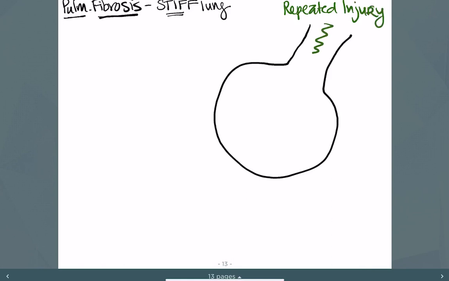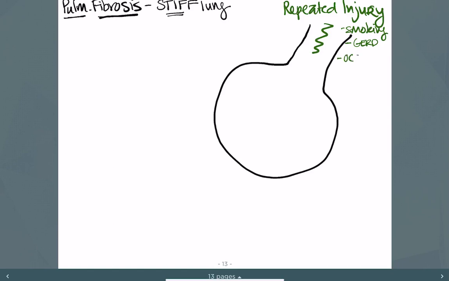That's my repeated injury right there. By that, what do we mean? Repeated injury can be smoking. Smoking can cause pulmonary fibrosis. GERD is an example of a disease that's been associated because the patients aspirate acid, and the repeated exposure of your lung to even small, tiny amounts of acid creates repeated injury.